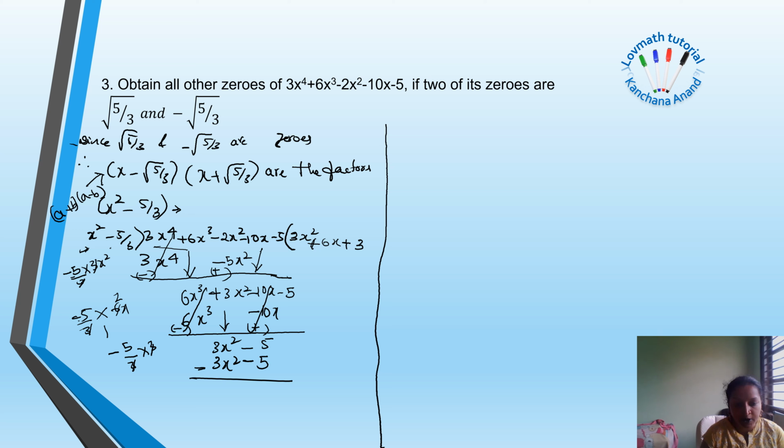Now let us subtract this, minus 3x square and here plus 5. So plus 3x square and minus 3x square get cancelled, and here also plus 5 and minus 5 get cancelled. So the remainder is 0. And this is the quotient.